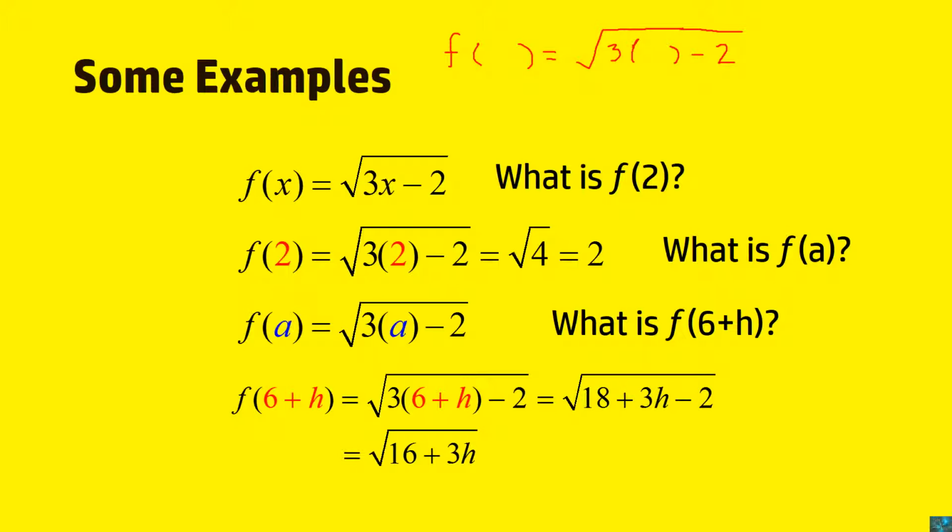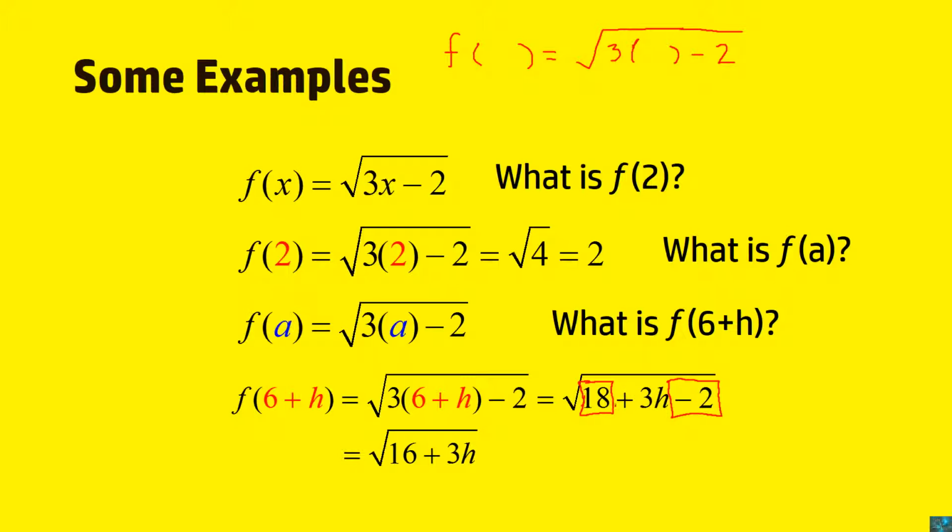Of course, we could combine the 18, that's constant, as is the negative 2. So these two things can be combined. That's going to be 16.